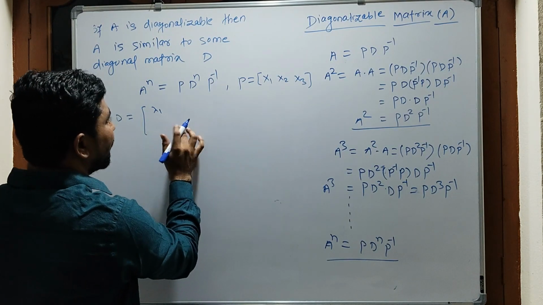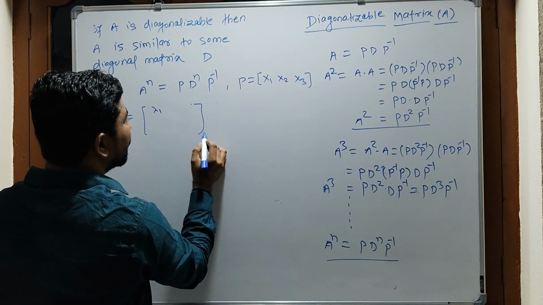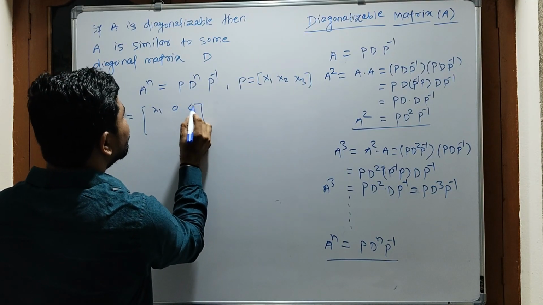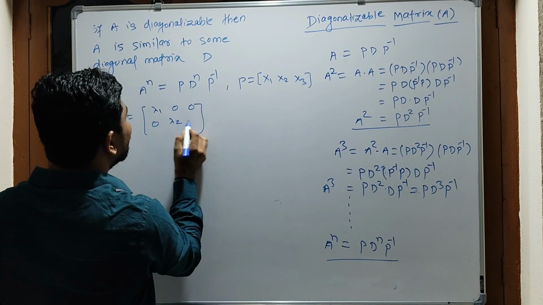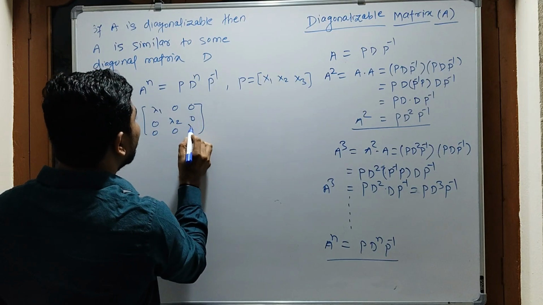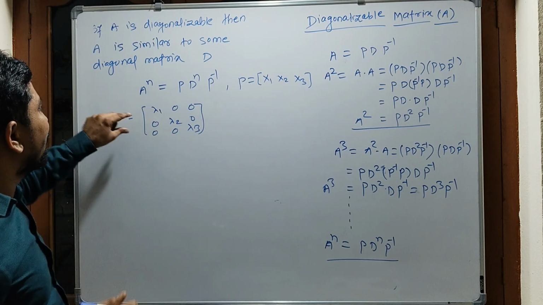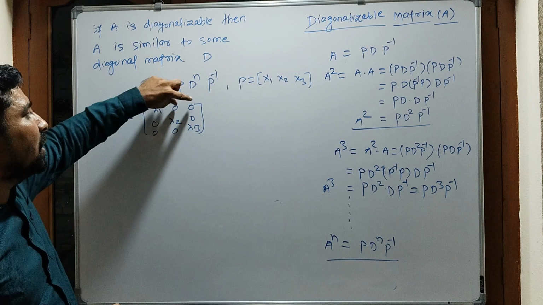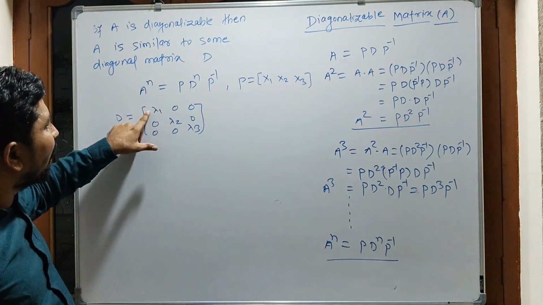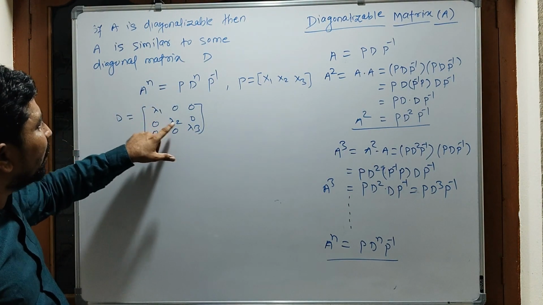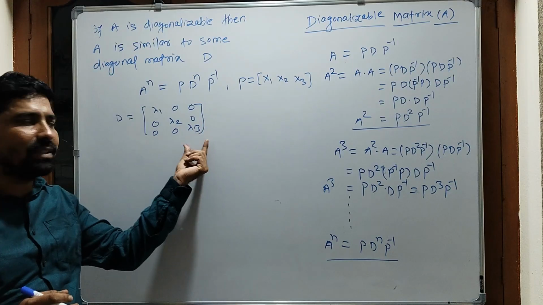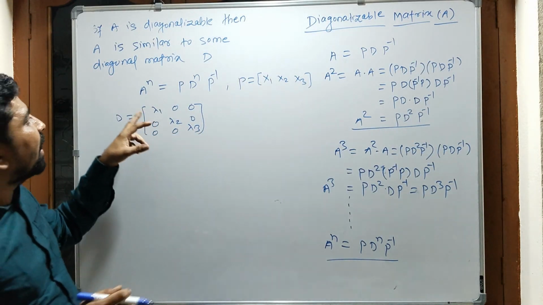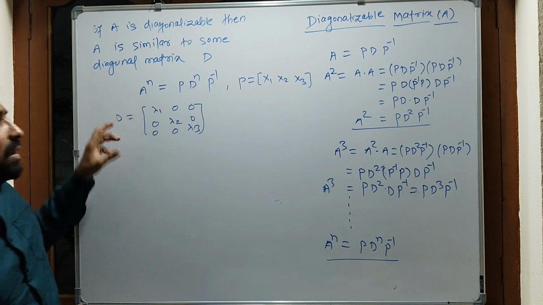Let's say for the 3 cross 3 case, lambda 1 0 0, 0 lambda 2 0, 0 0 lambda 3. So along the diagonal, lambda 1, lambda 2, lambda 3 are the diagonal entries, and these are the eigenvalues of this matrix A.